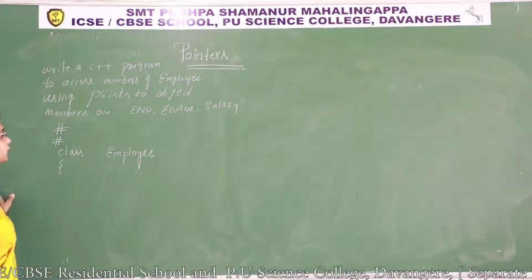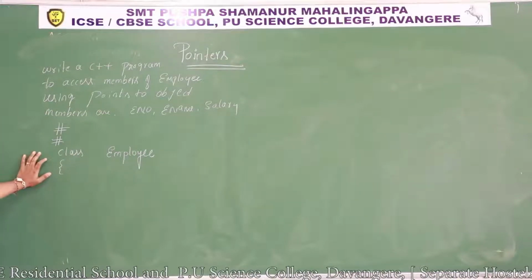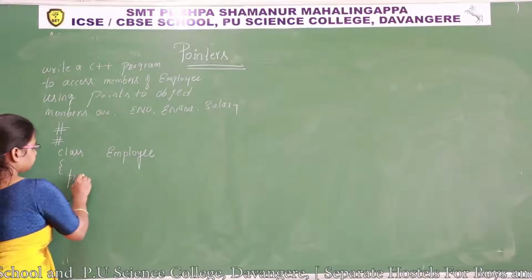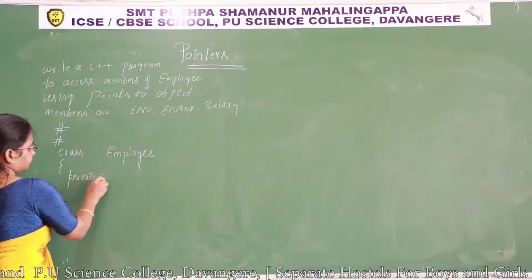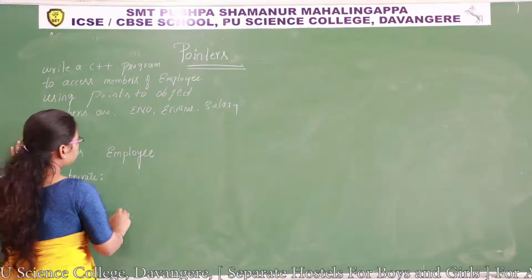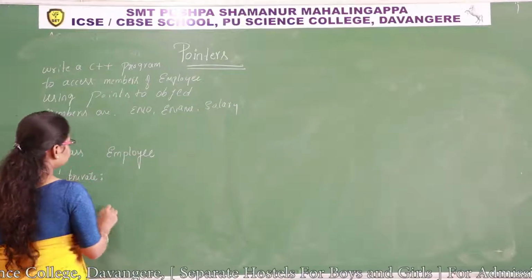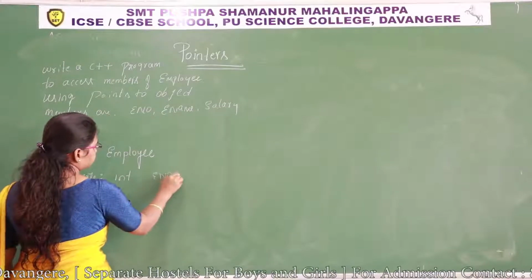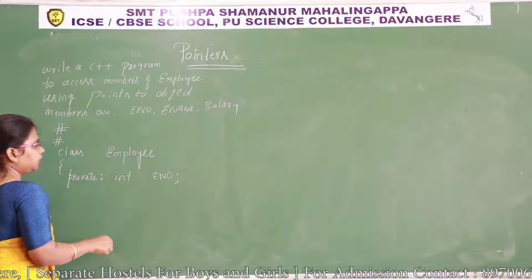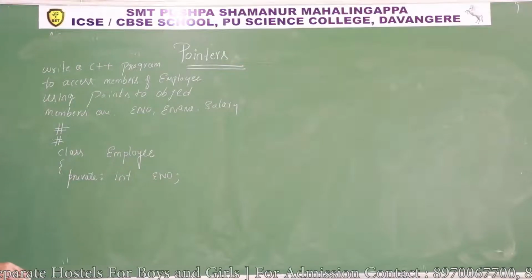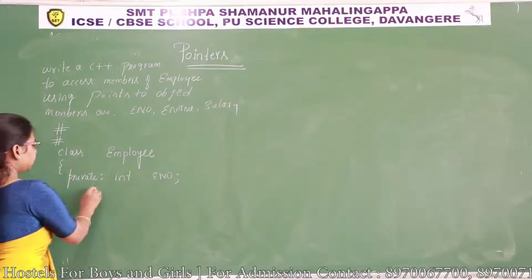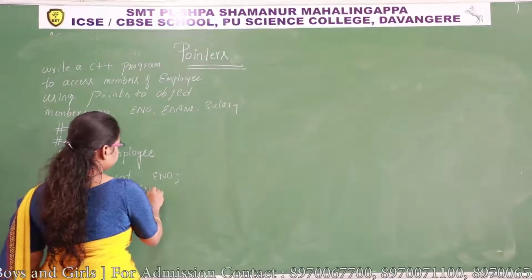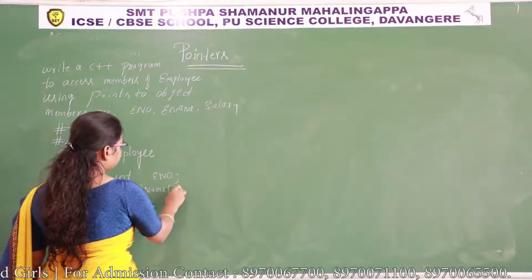Open curly bracket. I'll take these data members in a private section. Employee number I'll take as integer, int eno, and employee name must be a string, so I have to take a character array, char ename[20].